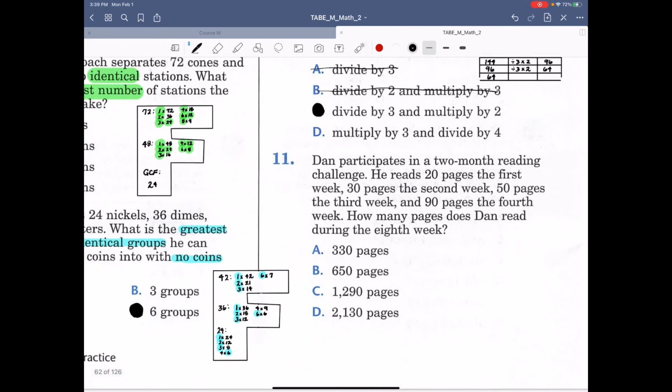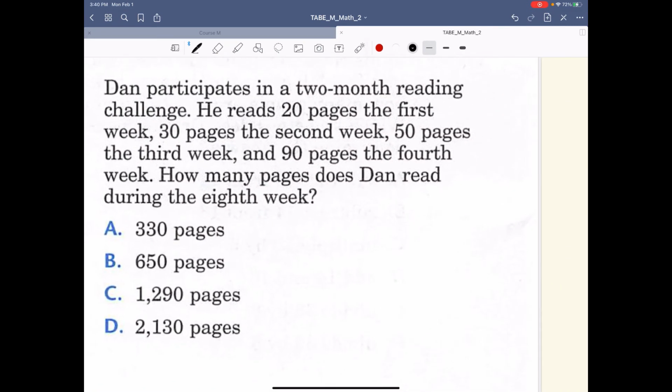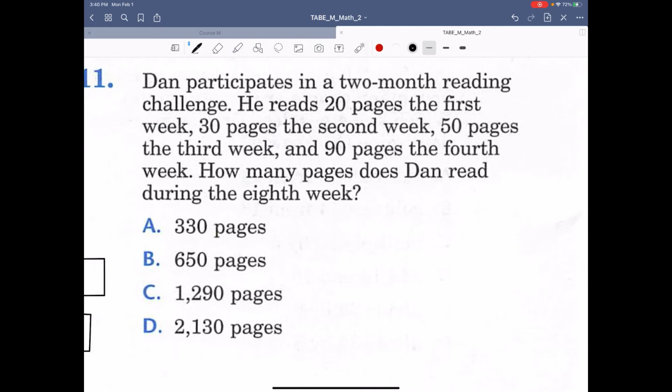Okay, number 11. Dan participates in a 2-month reading challenge. He reads 20 pages the first week, 30 pages the second week, 50 pages the third week, and 90 pages the fourth week. How many pages does Dan read during the 8th week? So let's sketch a table.